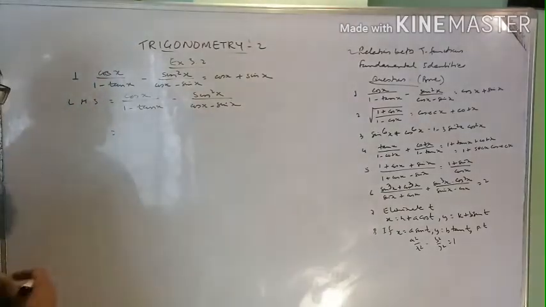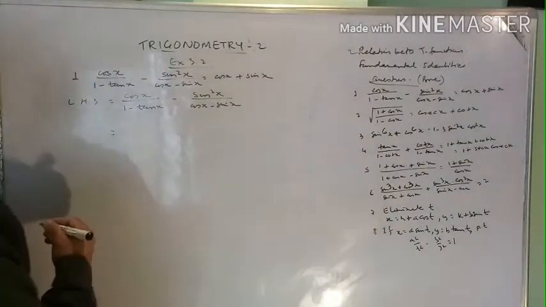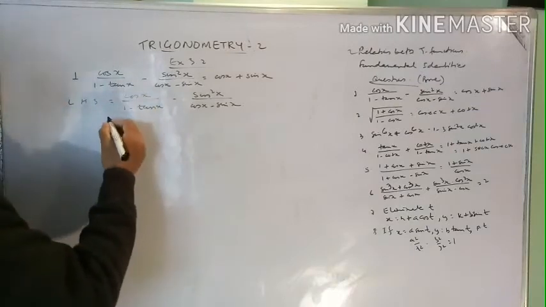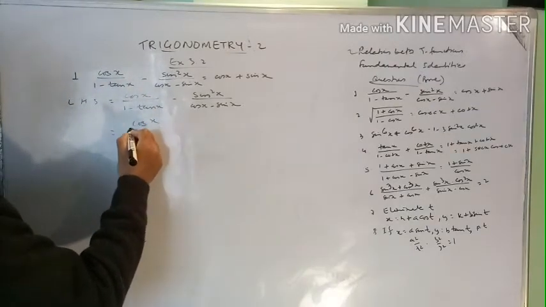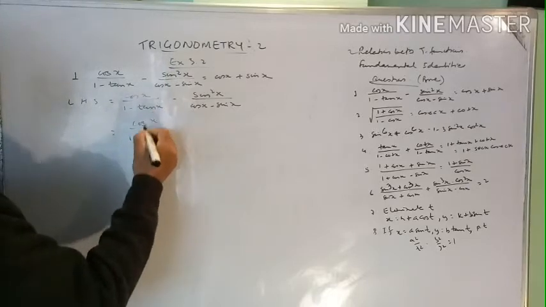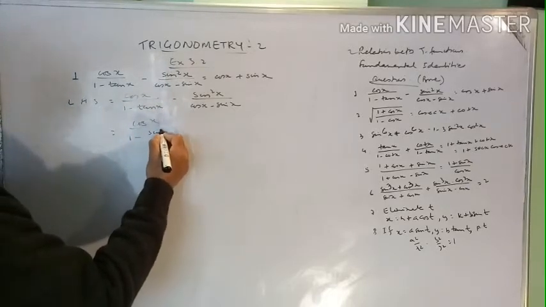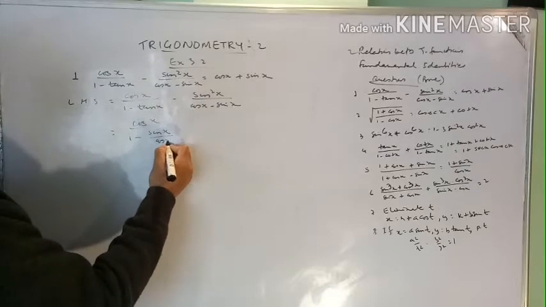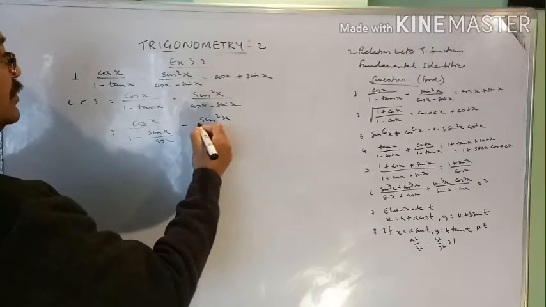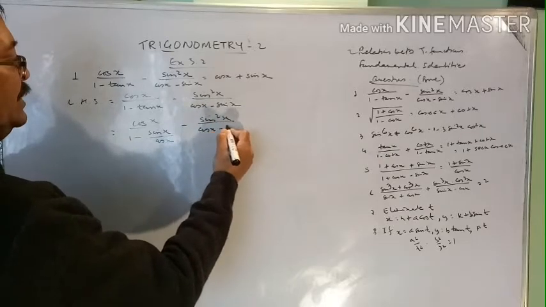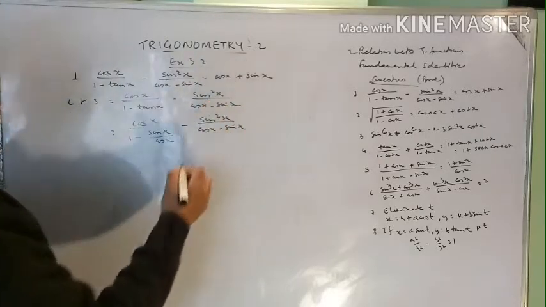Okay, you know tan x equal to sin x by cos x, using that formula. So we can write this as cos x upon 1 minus, what is tan x? Sin x upon cos x, minus, write this as it is, cos x minus sin x as it is.